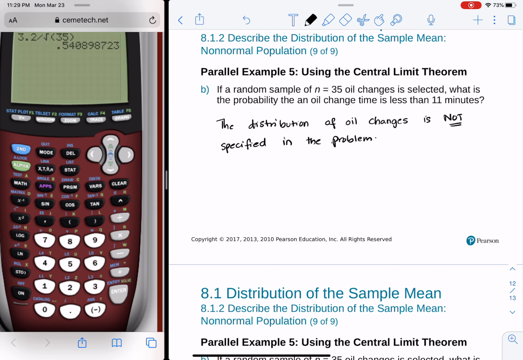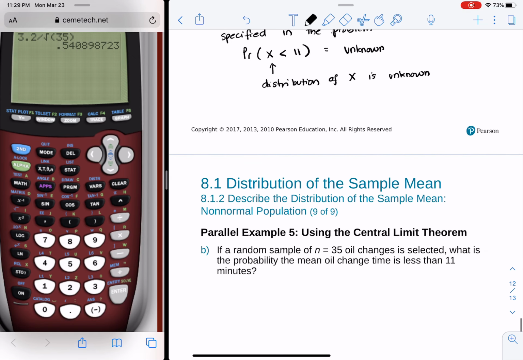So we are trying to find the probability x less than 11, but we do not know the distribution of x. Which simply means that probability is also unknown. We do not know the answer because we have no information about the distribution of x.